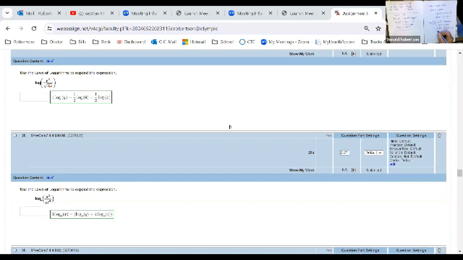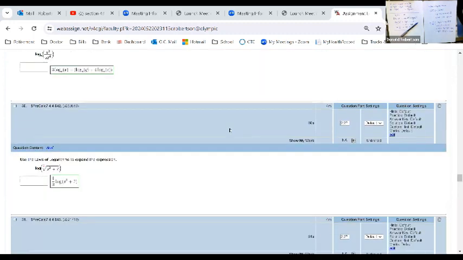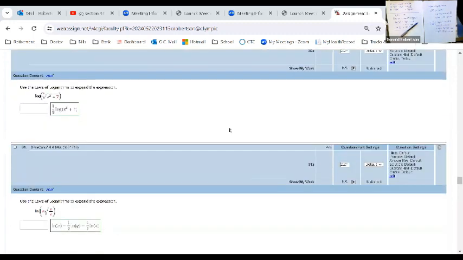This would be 3 times the log of y minus a half log of 9 minus a half log of x. Now, if it was a cube root, you'd get a third. Fourth root, you get a quarter.